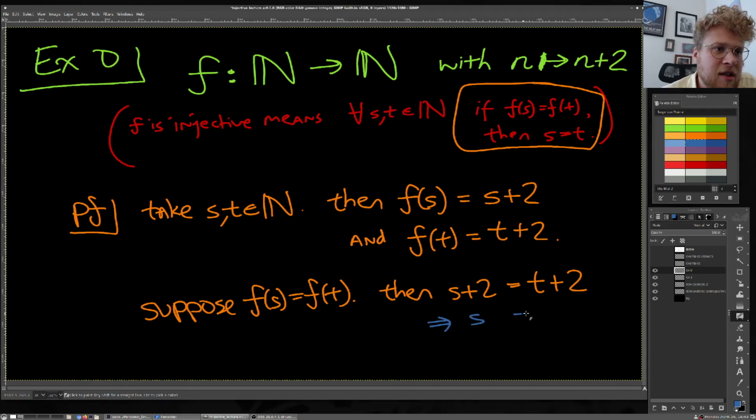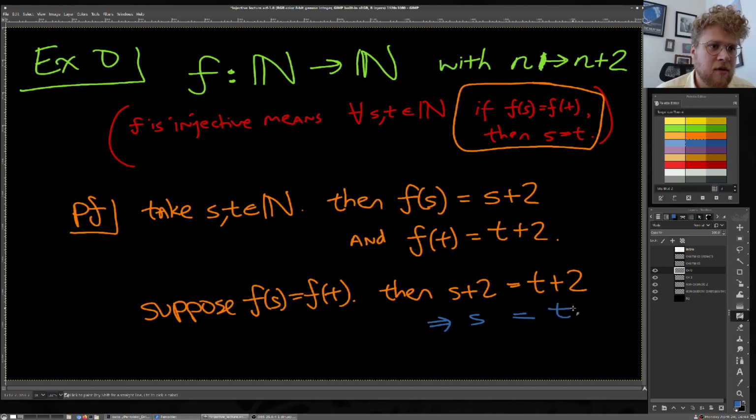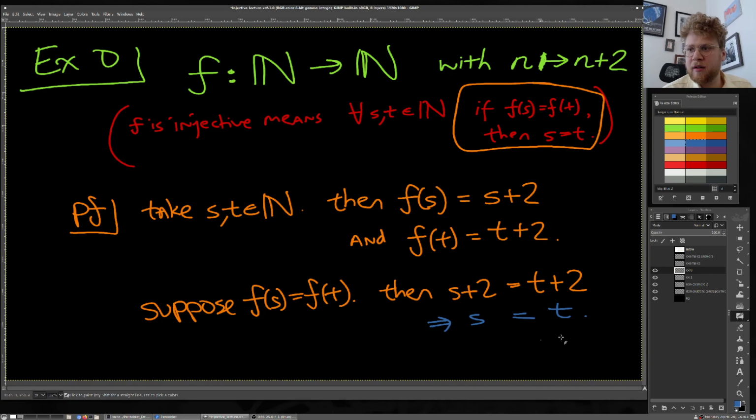That implies that s equals t. Supposing that the outputs are equal, we've simply applied the definition of the function, and we've arrived at our conclusion that s equals t.